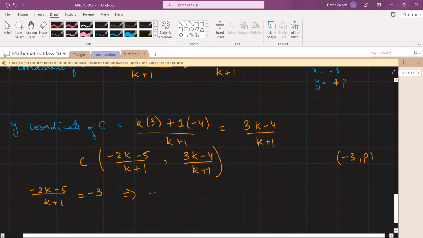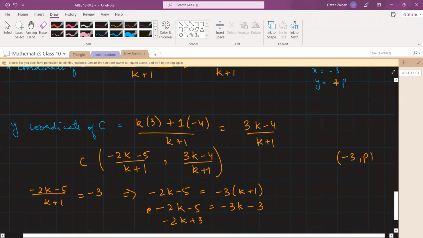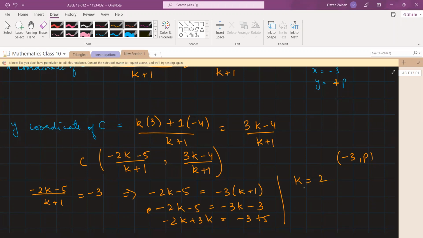You can simplify: -2k - 5 is equal to -3 into (k + 1), so -2k - 5 is equal to -3k - 3. So -2k + 3k is equal to -3 + 5. K is equal to 2, right? So it's not half, it's 2.